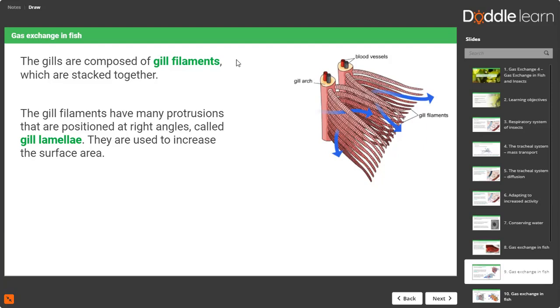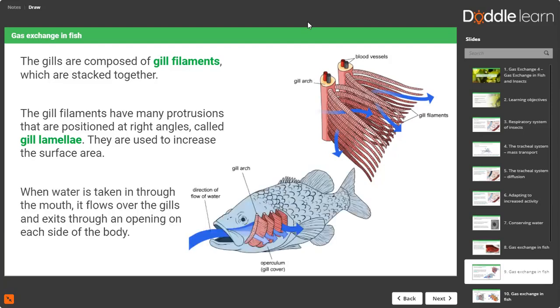They are used to increase surface area, which is probably not a surprise by now, as most of the answers in biology are often to increase surface area. When water is taken in through the mouth, it flows over the gills and then exits through an opening on each side of the body, through the gill covers, over here.